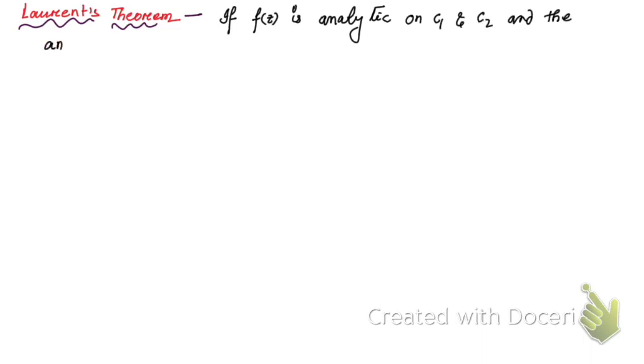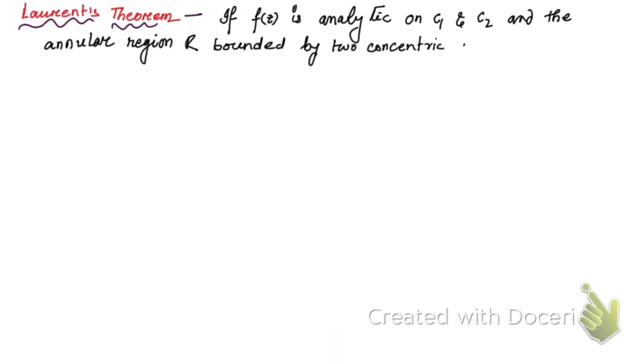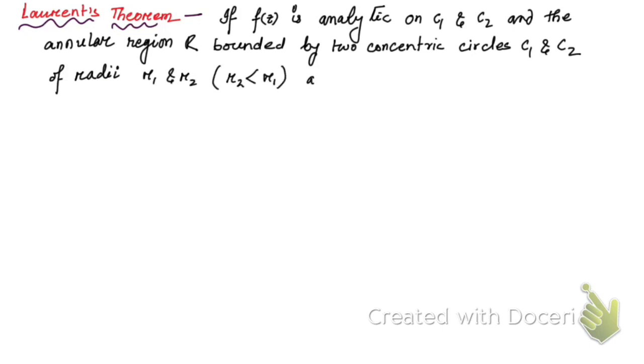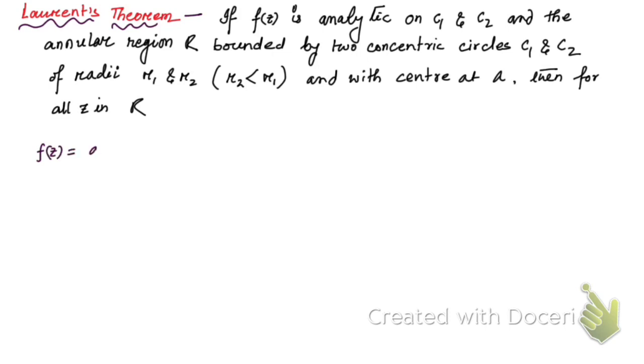If a function f of z is analytic on C1 and C2, and the annular region bounded by concentric circles C1 and C2 of radii R1 and R2 respectively, where R2 is greater than R1, and with the center a, then for all z in R, f of z can be written in this way.